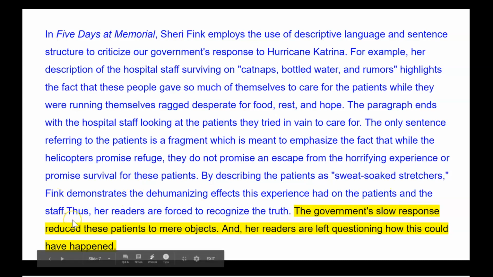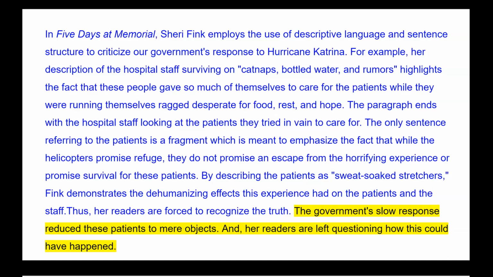And then I end with this really kind of quick trick to force yourself to move from summary to analysis, which is the use of the word thus. Thus, her readers are forced to recognize the truth.